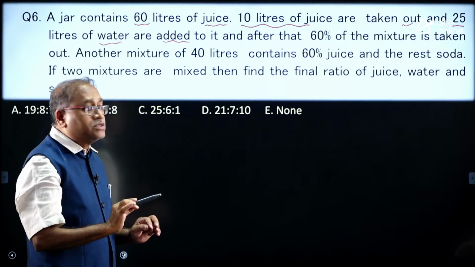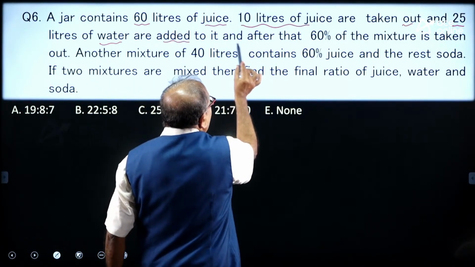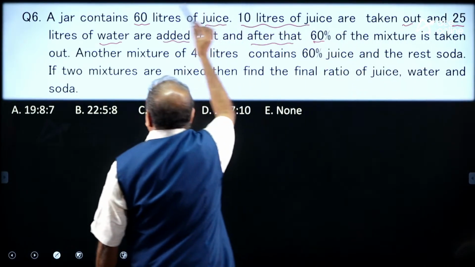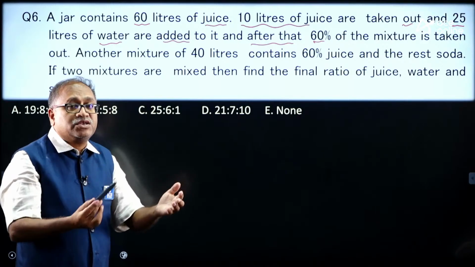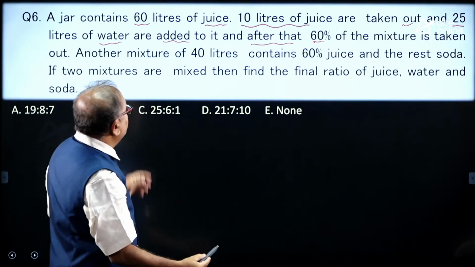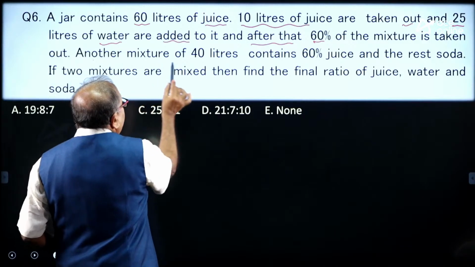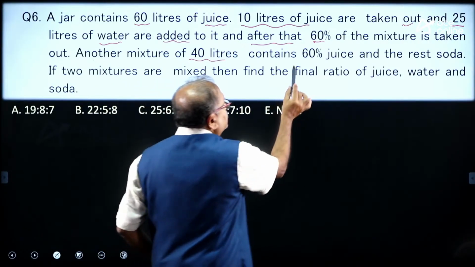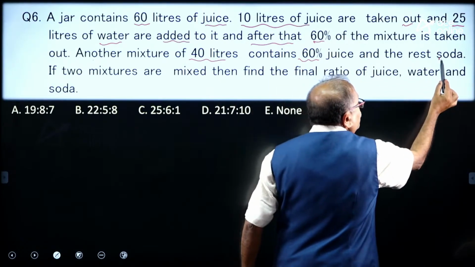Some activity is given, I need to take care of that. After that 60% of the mixture is taken out. And what is done with this mixture? Another mixture of 40 liters, in which 60% is juice and the rest is soda.